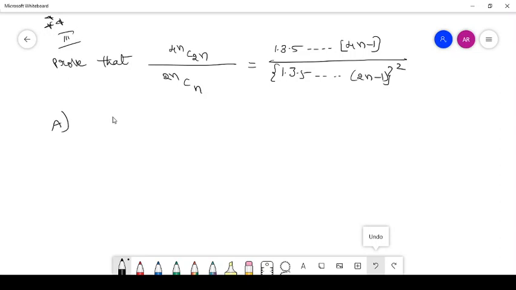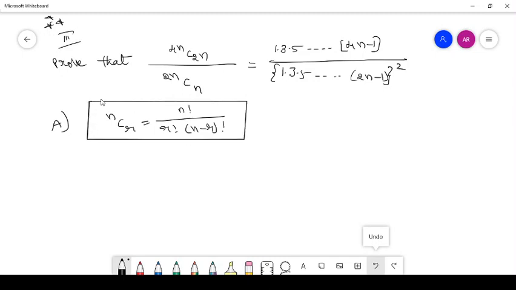Here we are using the simple NCR formula. What is NCR? n factorial by r factorial into n minus r factorial. First you have to take the LHS value, 4nC2n by 2nCn.